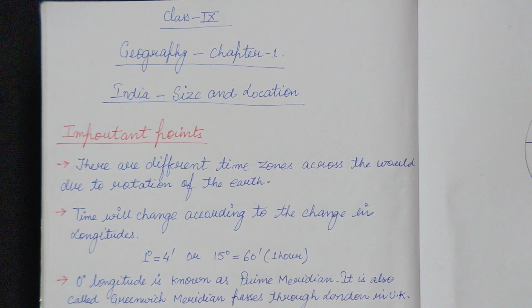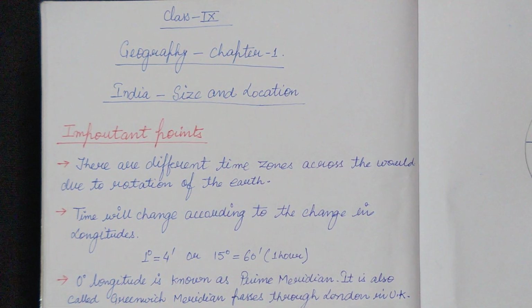Before starting the discussion of the first point, I want to tell you about the time zones. As you know, there are different time zones across the world. It is because of the rotation of the Earth.